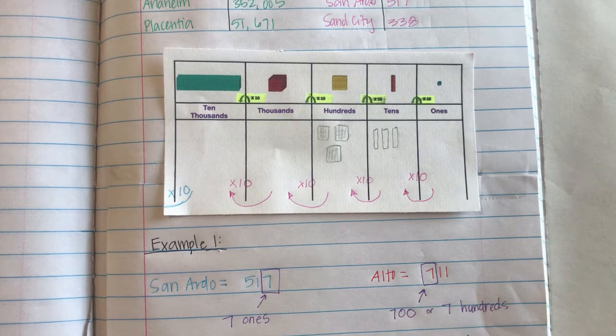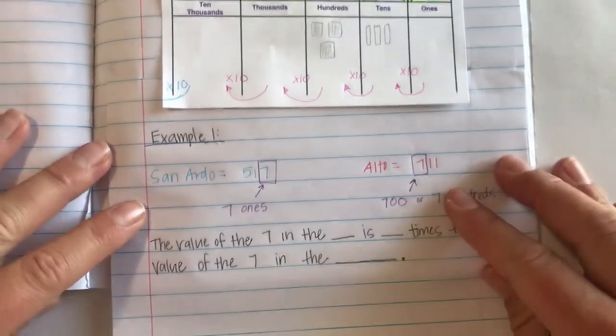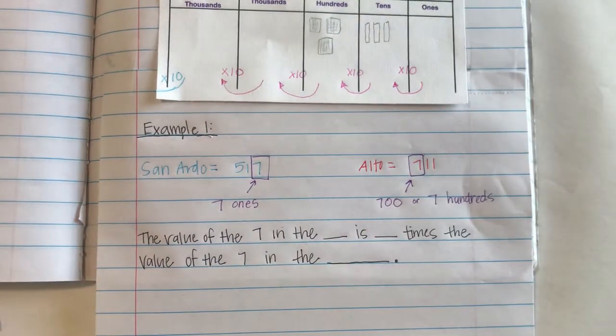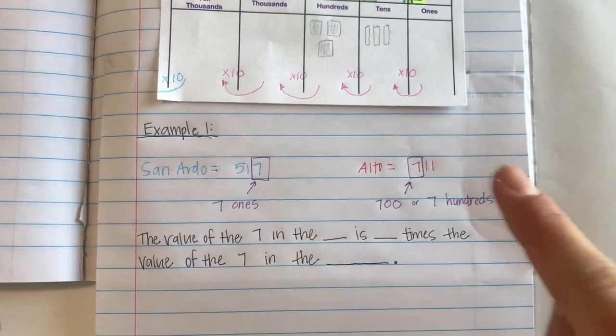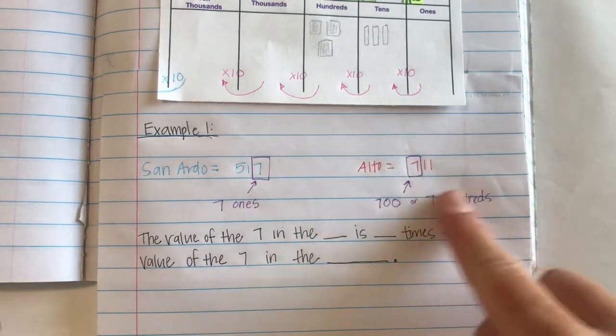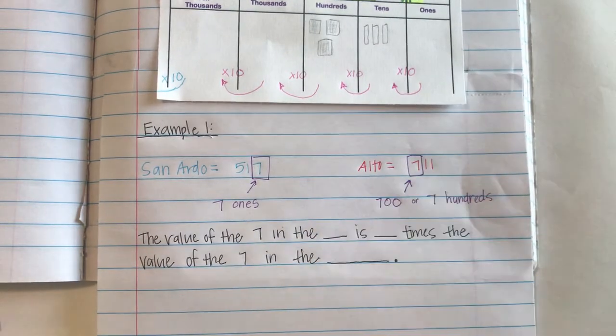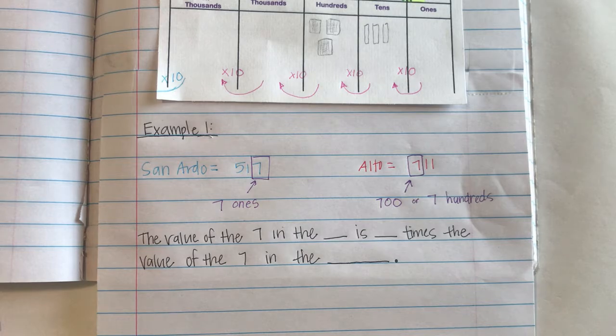Now, if we're going to fill in our sentence here, we're going to take a look at which one's bigger. Well, let's think, 517 or 711? 711 is definitely bigger. So keep that in mind when we read our sentence frame here.